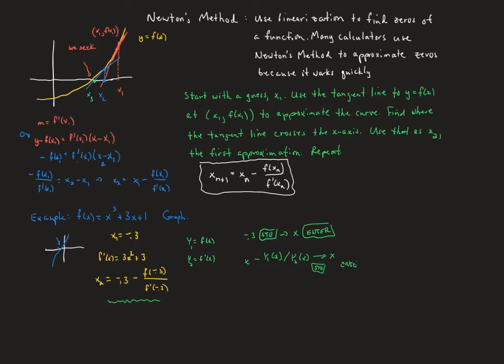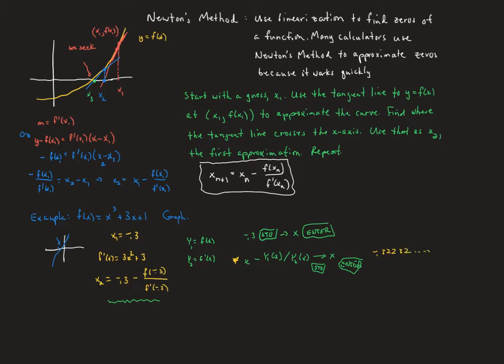What that's going to do is set a formula right in your calculator. So when you hit enter, you should see on your screen something like -0.32232, on and on and on.